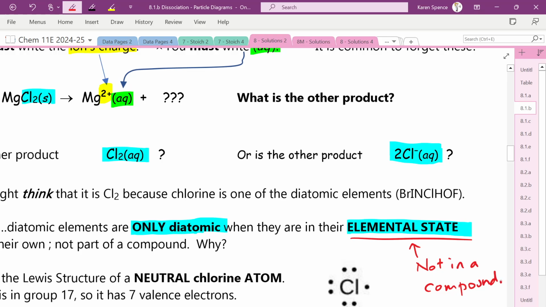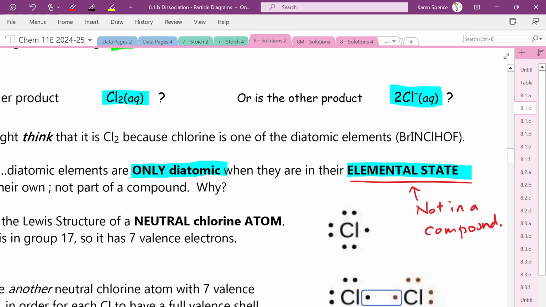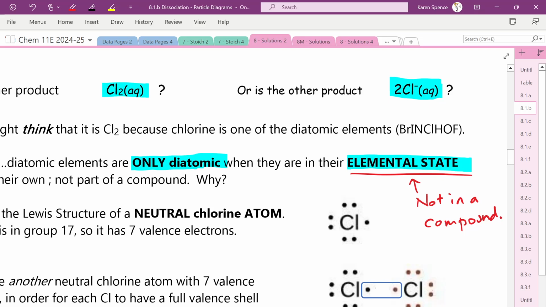So if we wanted to look at elemental chlorine, I would start with 1 chlorine atom, and chlorine is in group 17. So if it's in 17, it has 7 valence electrons. So we got 1, 2, 3, 4, 5, 6, 7.